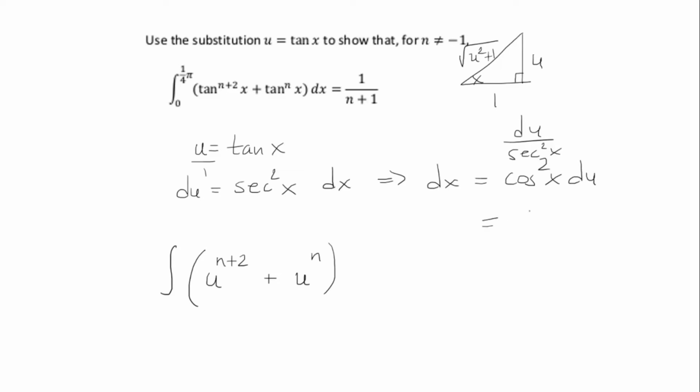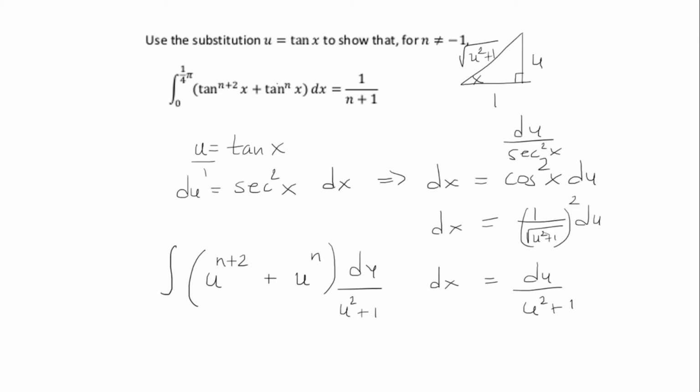So that would just be 1 over the square root of u squared plus 1, squared, du. So it's du over u squared plus 1. So this is dx. So we'll just put it over here.